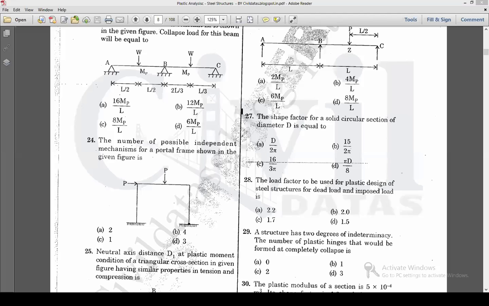It is visible? Yes sir. Now, question number 27. The shape factor for a solid circular section of diameter D is equal to.